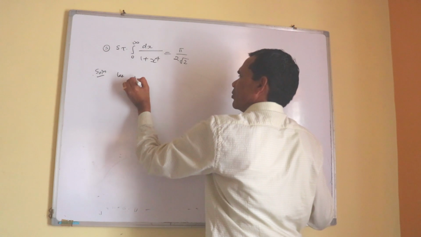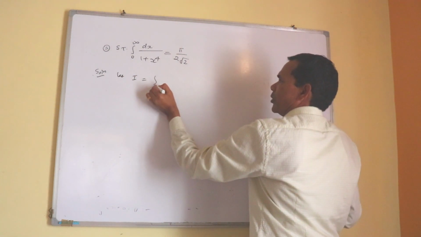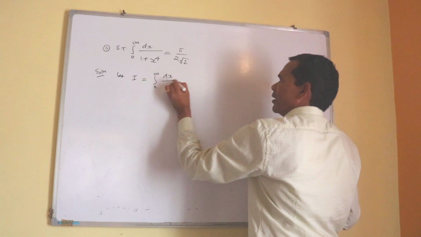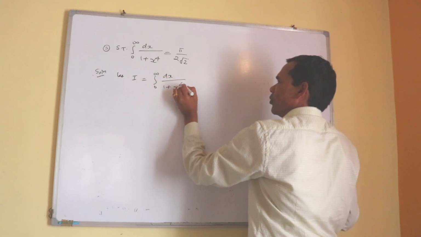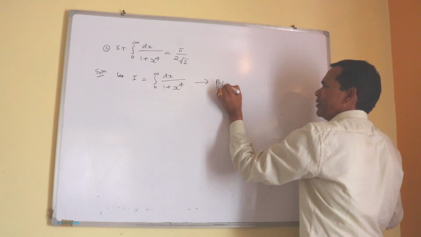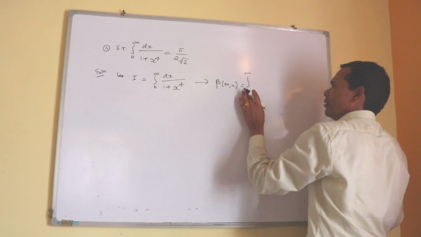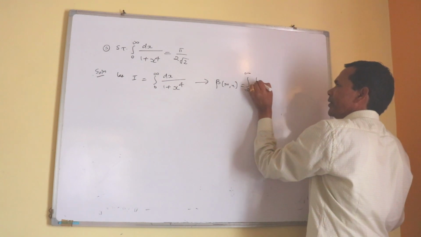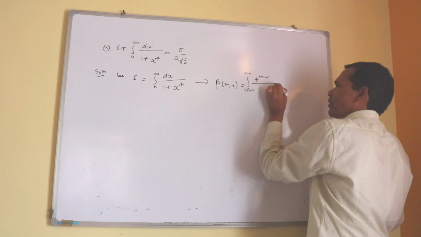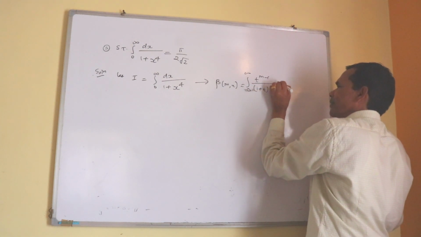Let I is equal to the integral, this is equal to 0 to infinity, LHS integral I will consider, 1 upon 1 plus x raised to 4. So as I said right now, the substitution: beta mn is equal to 0 to infinity t raised to m minus 1 divided by 1 plus t bracket raised to m plus n dt.